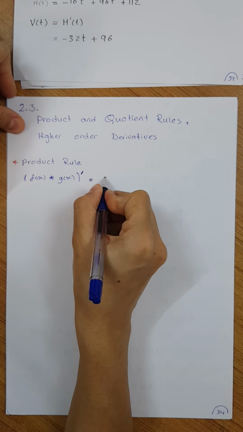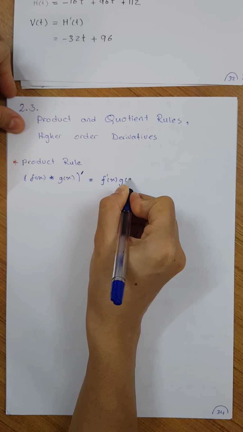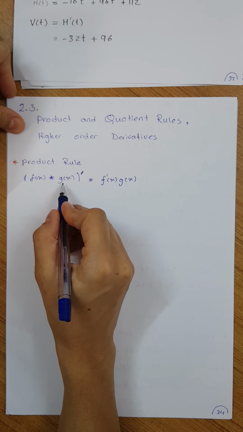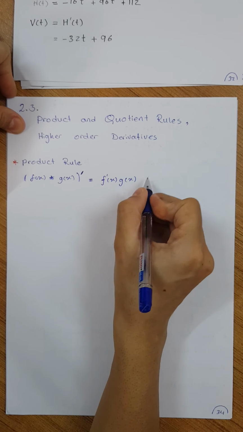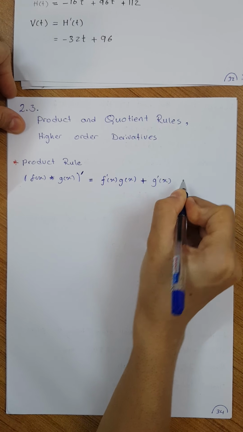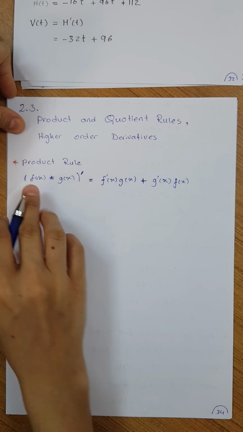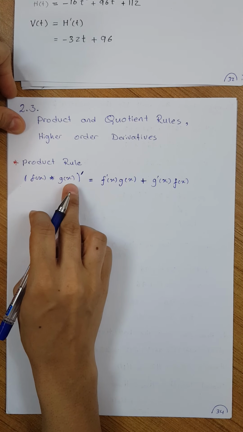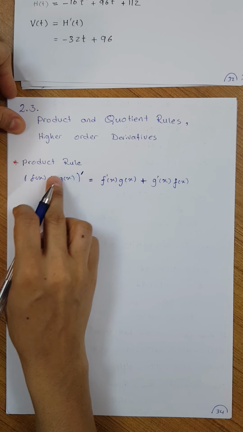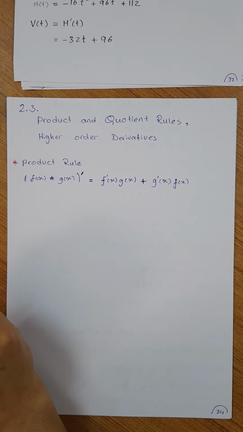That would equal the derivative of f multiplied to g itself, without any change, plus the derivative of g multiplied to f of x. So first I'm taking the derivative of that one and multiplying it to g without any change, and then I'm taking the derivative of g multiplying it to f without any change of the f.